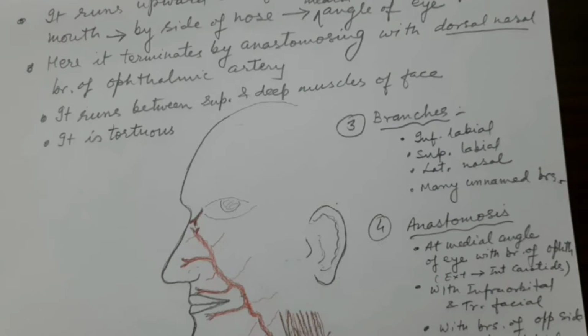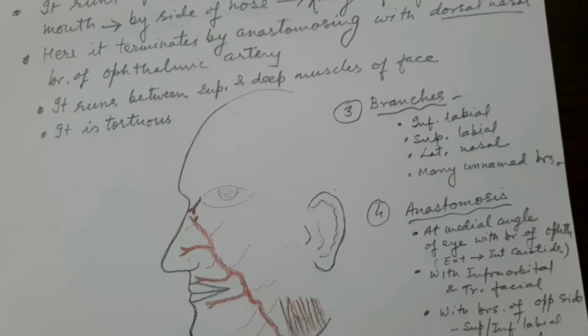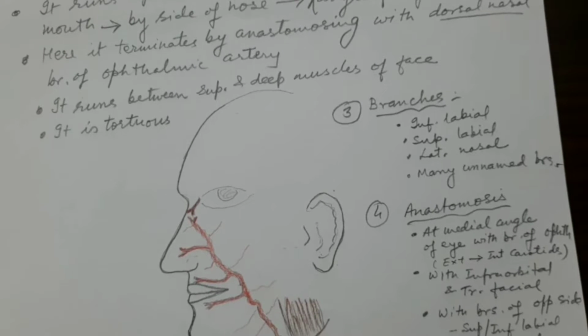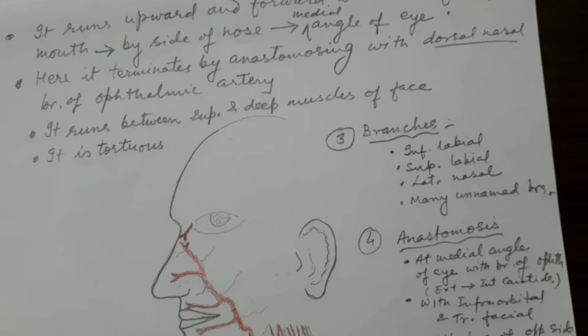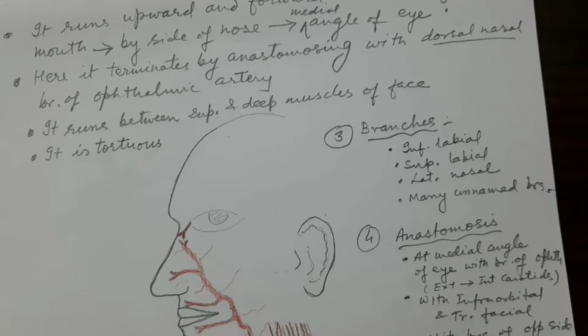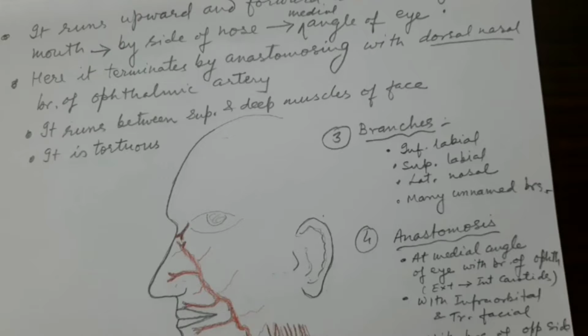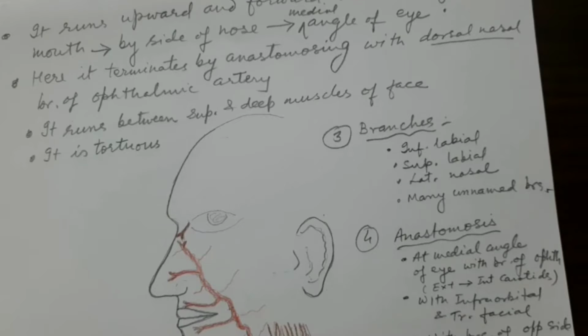Now this artery will come to the face after piercing the deep cervical fascia. As you know, the face has no deep fascia; it is present only in the neck region, which is called the deep cervical general investing layer. So it will pierce the deep cervical fascia, which is attached at the margin of the base of the mandible.